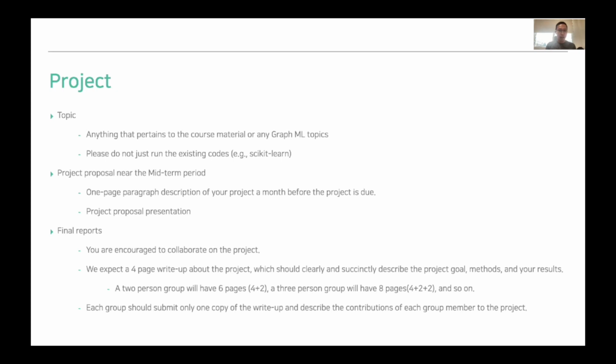And for the project, you can choose any topic about graph ML, and we will have the project proposal presentation near the midterm period. We have the final report and final project presentation near the end of this semester. So I encourage you to collaborate on this project.